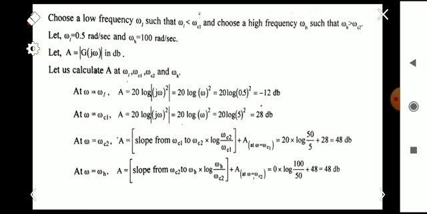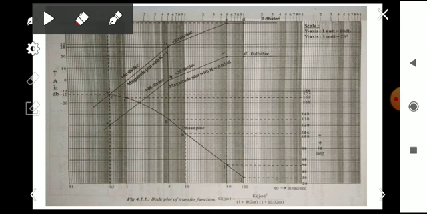So if this 5 radian per second is the gain crossover frequency, then the corresponding magnitude should be 0 decibel.